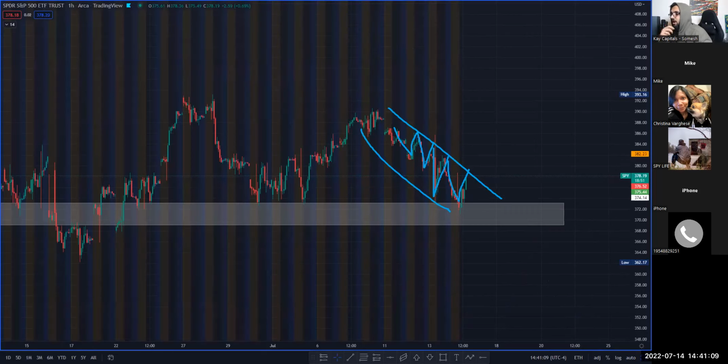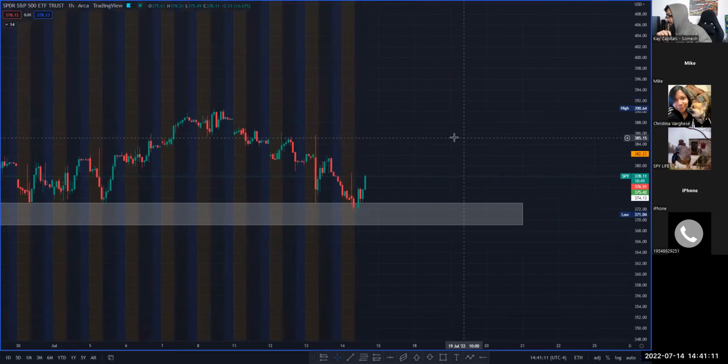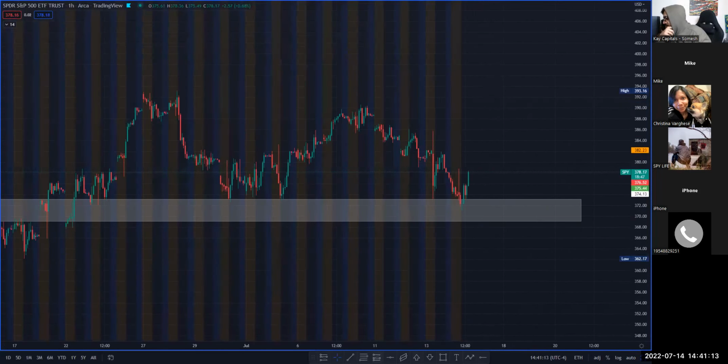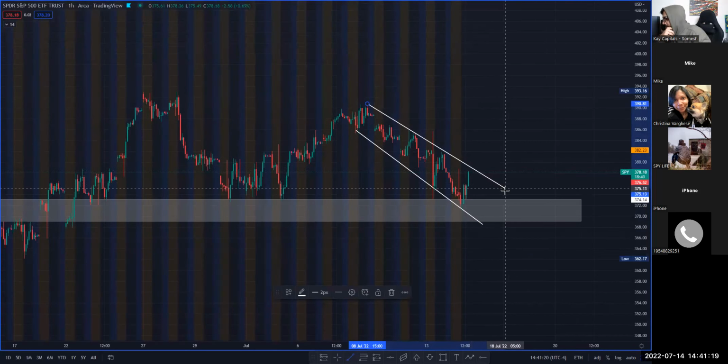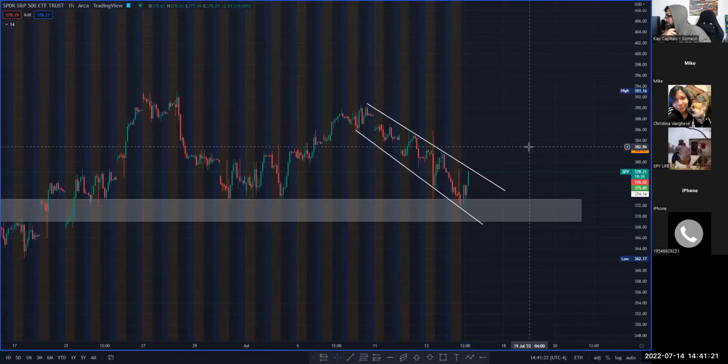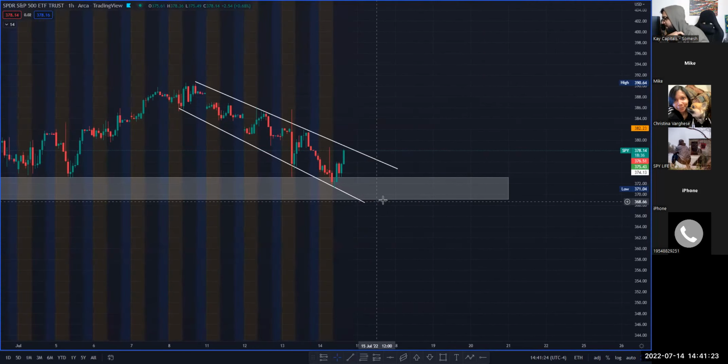Right now, what can you do here if you have to do technical analysis? This kind of gives us a better scope of what's going on. Now, what's happening here?